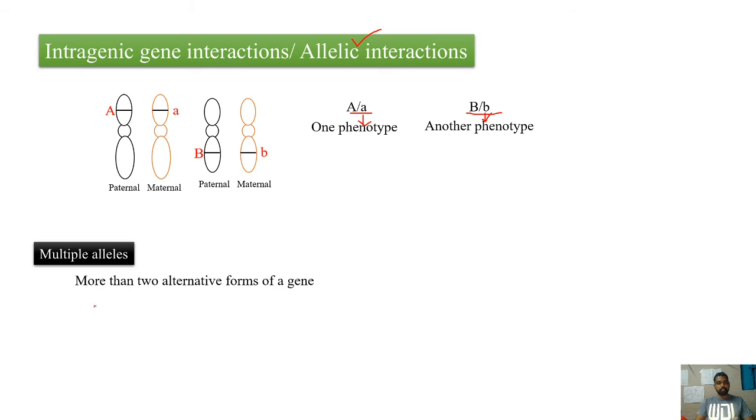And in multiple allelism, that is in multiple alleles, we have seen more than two alternative forms of a gene present in the same locus, as in the case of blood groups IA, IB and IO. So we have three different types of alleles in this case, but all these three alleles are present on the same locus and they are responsible for one single phenotype only. This is what multiple allelism is.